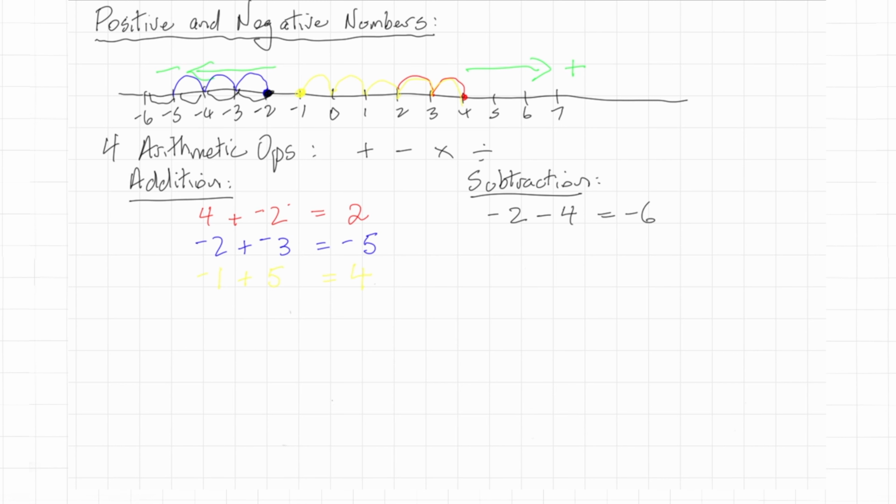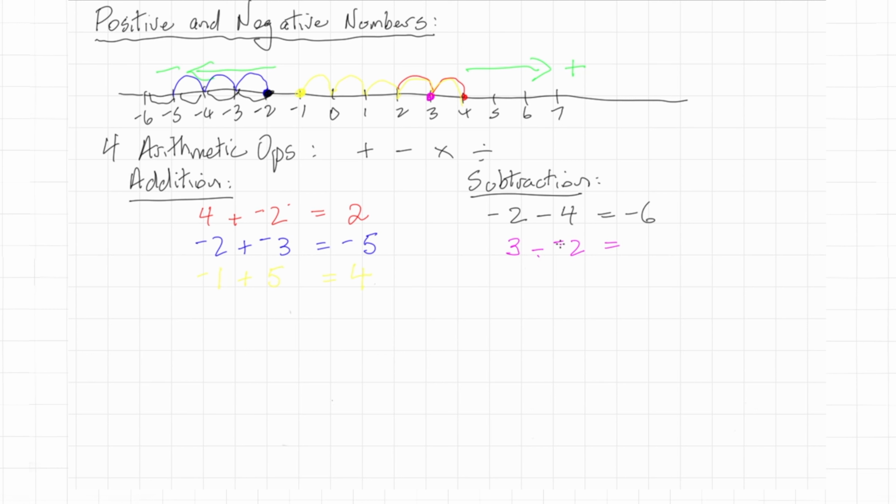We do another one, and we've got 3 minus -2. We're going to start at the number 3, so we'll start here. And this says we're going to take, so we're going to go in the left direction.